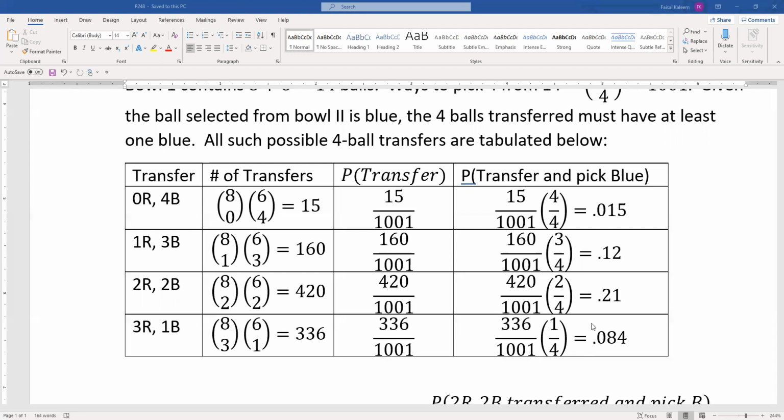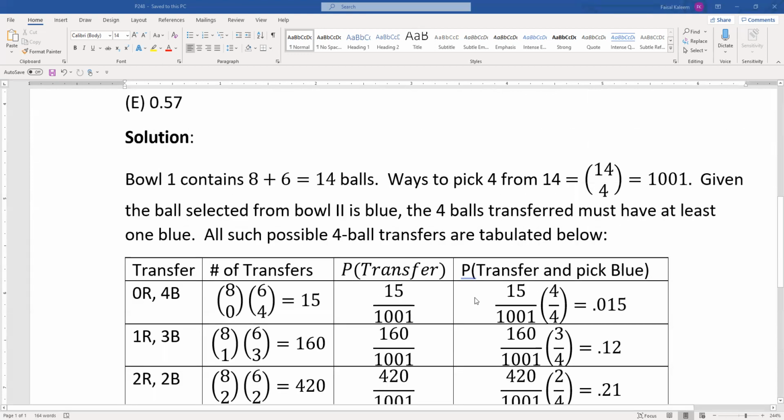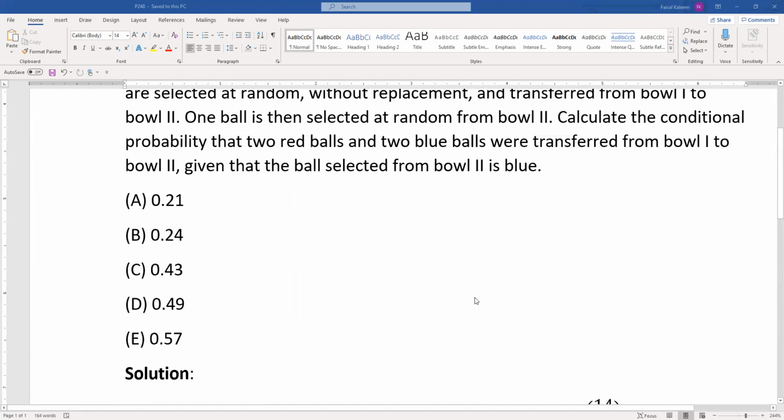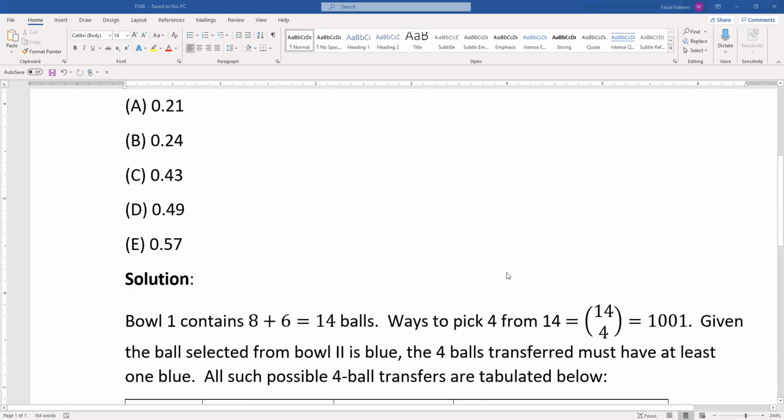And once we have these, remember, we were being asked to find the probability that 2 red and 2 blue balls were transferred, given that the ball selected after the transfer is blue.